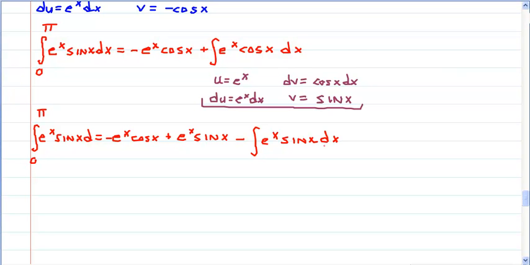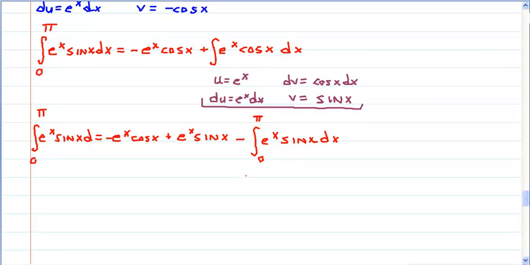And don't forget that we're integrating from 0 to pi. So it looks like we went in a big circle and we just created the original integral that we started with. And we actually did go in a circle.